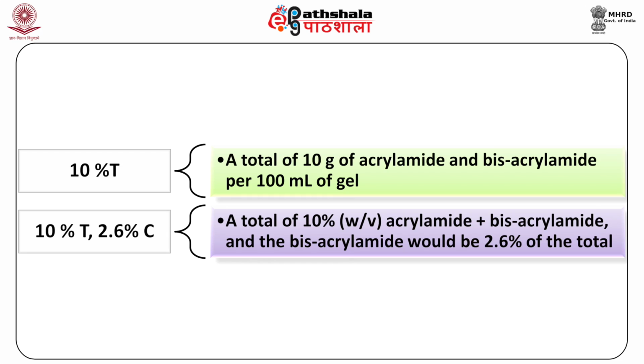Also, these gels are denoted by % solutions and will have two necessary parameters. The total acrylamide is given as % of weight by volume of the acrylamide plus the bisacrylamide. Thus, a 10% T would indicate that there is a total of 10 grams of acrylamide and bisacrylamide per 100 ml of gel.